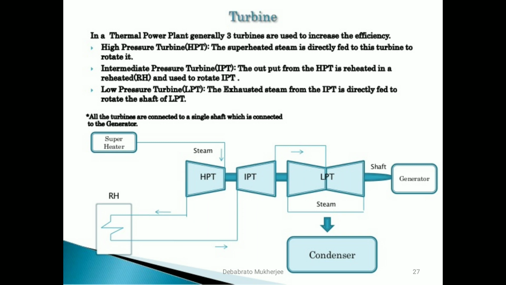In the intermediate, the output of the HPT is reheated and used to rotate the IPT, that is the intermediate pressure turbine, and exhausted steam from the IPT is directly fed to rotate the shaft of the low pressure turbine, and that exhausted steam is given to the condenser.